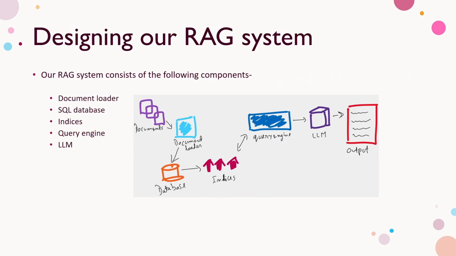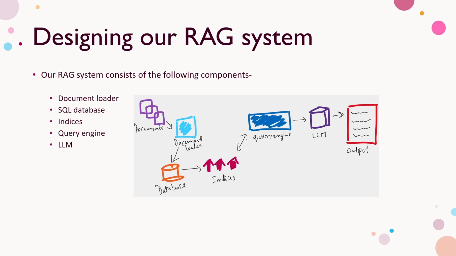Now, how do we design our RAG system? First of all, we have a document loader that reads the document, helps in ingesting it, and stores it onto a database. For us, in this particular example, we will be having a SQL database where the document loader would be storing all the data from a CSV file. Then we are going to create indices on the database.